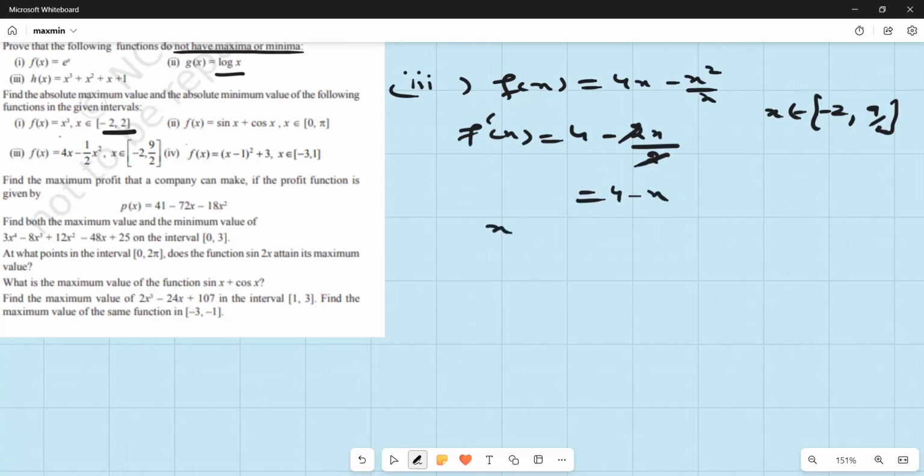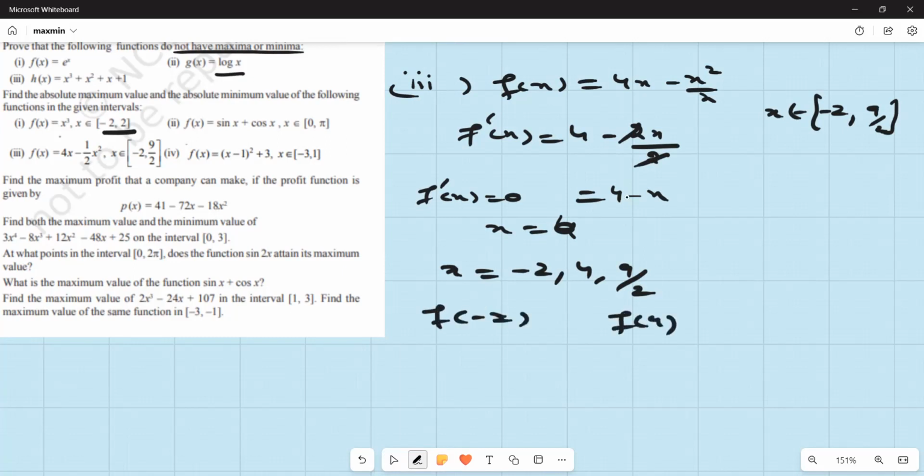So if f dash x is 0, x you will get as 4, na? So what are the values you are getting? -2, 4 and 9/2, right? To find out the values, f of -2, f of 4 and f of 9/2, and check which one is maxima and which one is minima. Clear बच्चे?